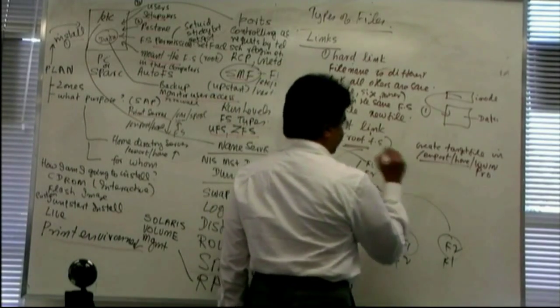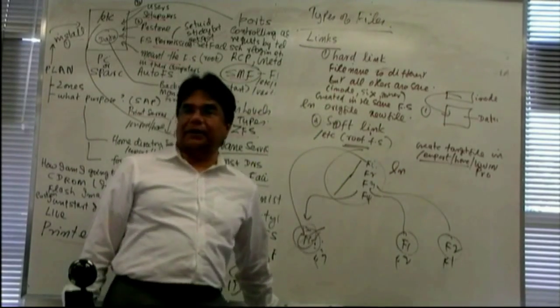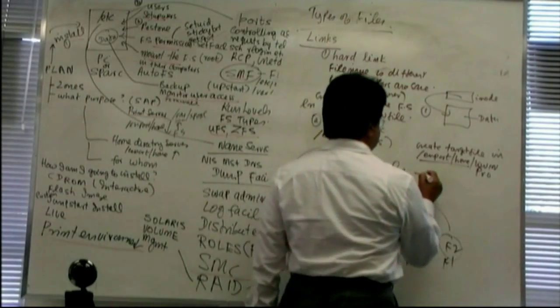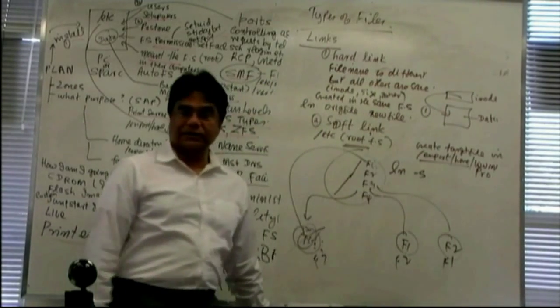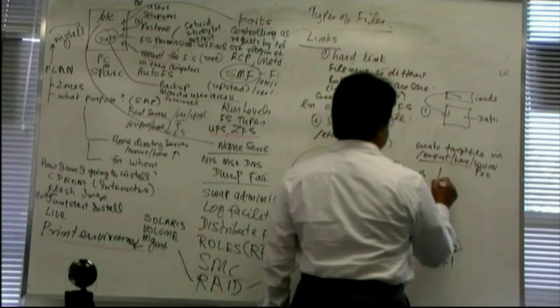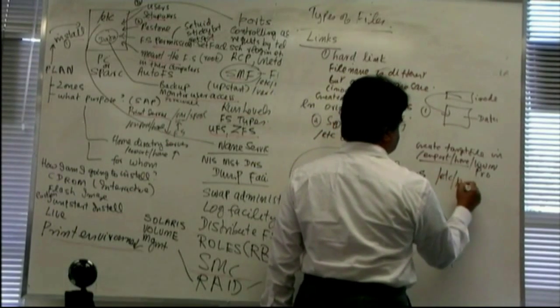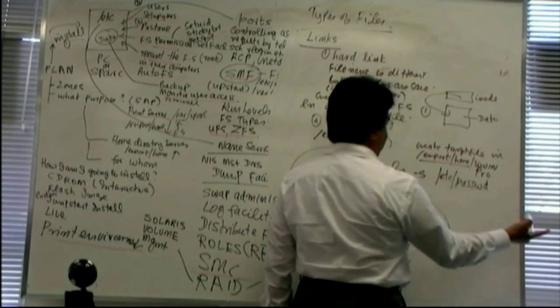So I type ln. What is the option to create a symbolic link? Minus s. What is my source? etc password. What is my target?